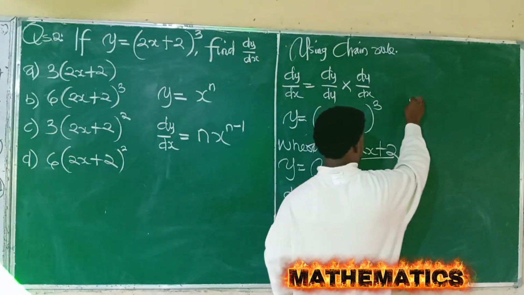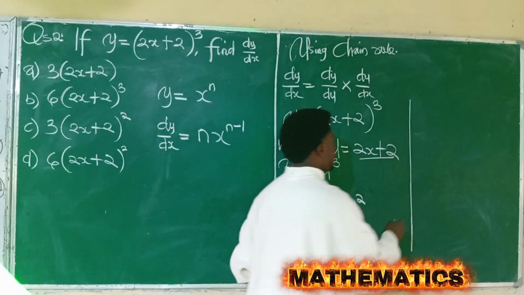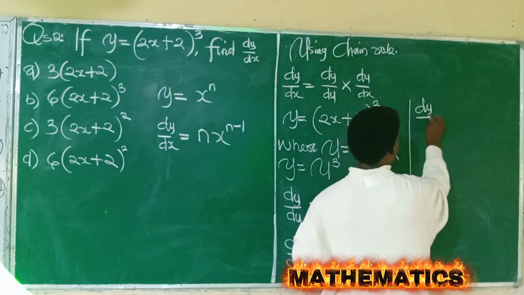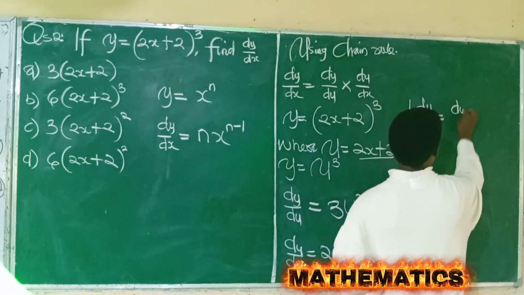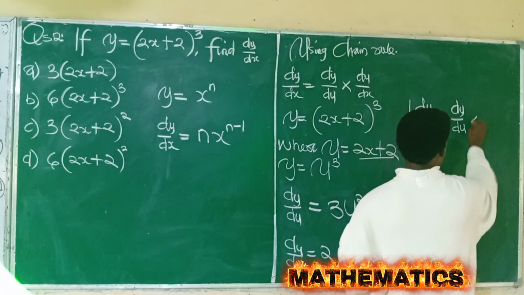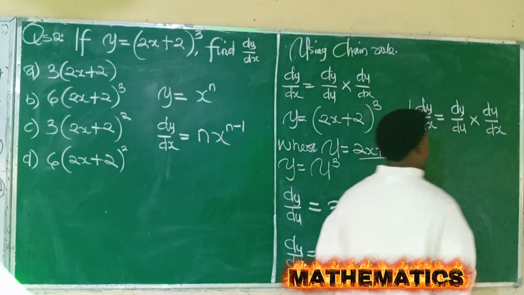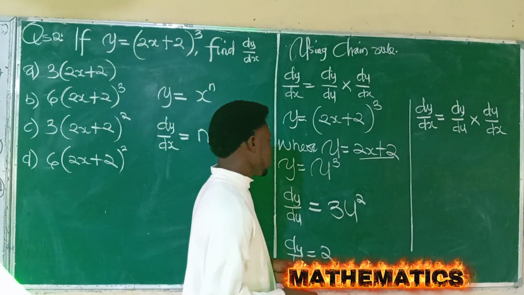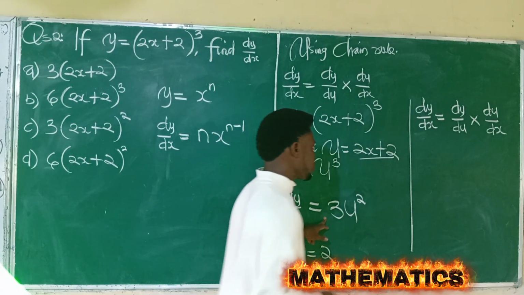So the next thing is to substitute. Looking for dy over dx, dy over dx is equal to dy over du times du over dx. On the board we have dy over du, which is 3u raised to the power of 2.